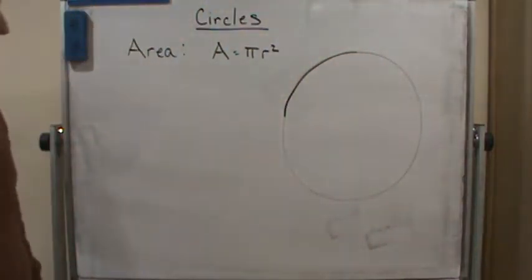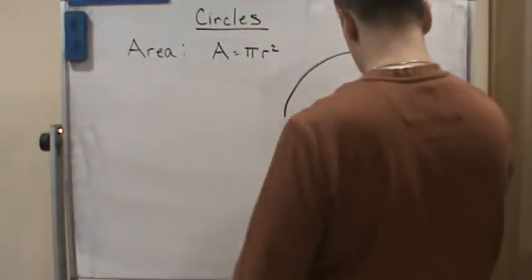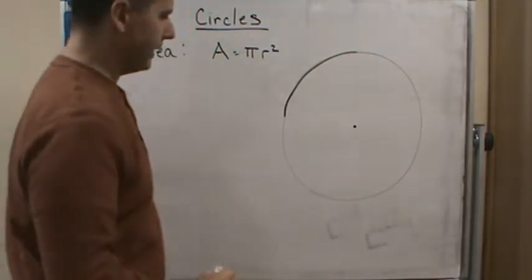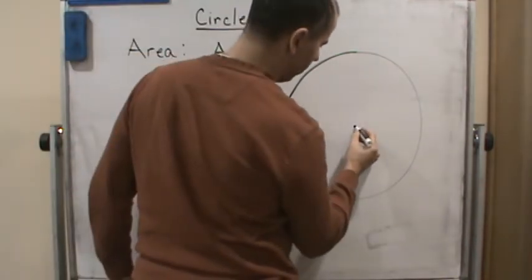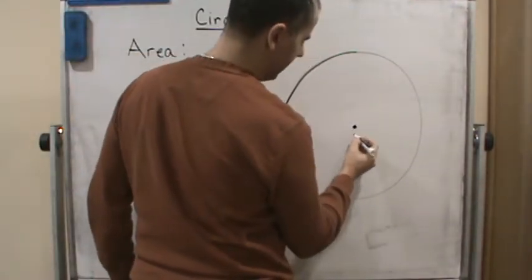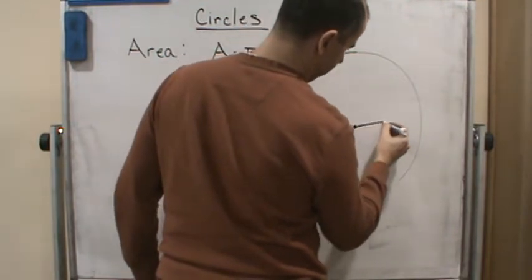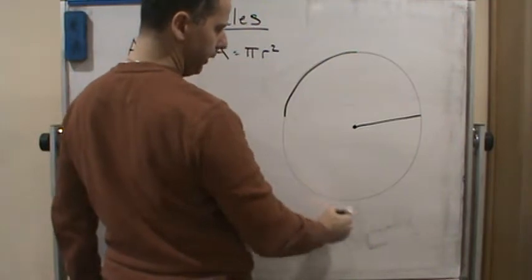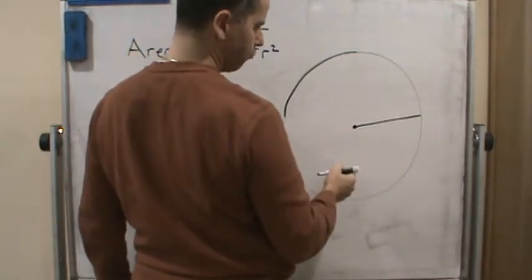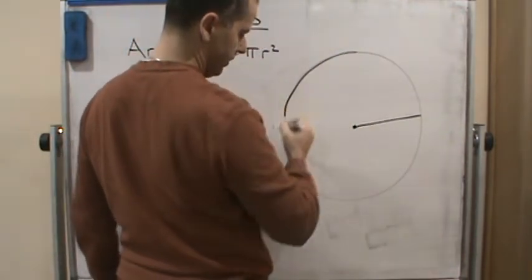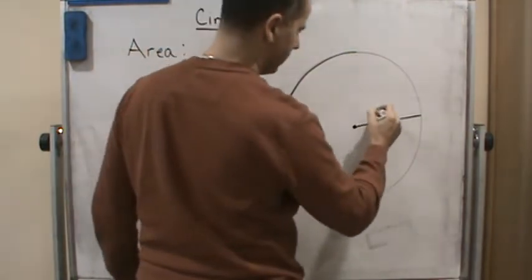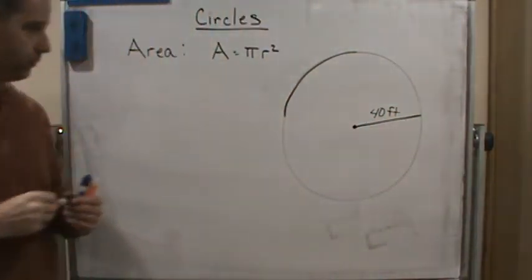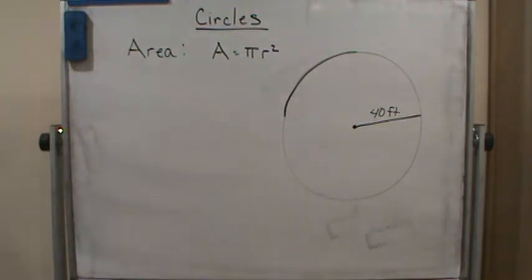Okay, so let's say that's the circle. Not bad for a circle. Okay, so what they did was they took a 40-foot rope, right? Let's say they have a stake, and they have a 40-foot rope, and they walked all the way around using the rope, and they mapped out this radius. Okay, so this is a 40-foot radius. So there's the area we're interested in.